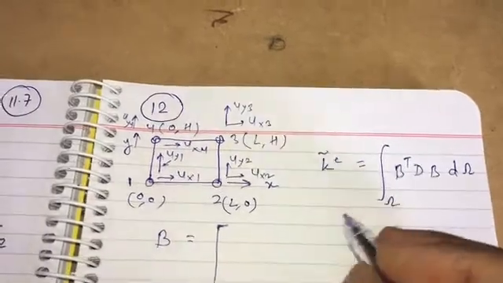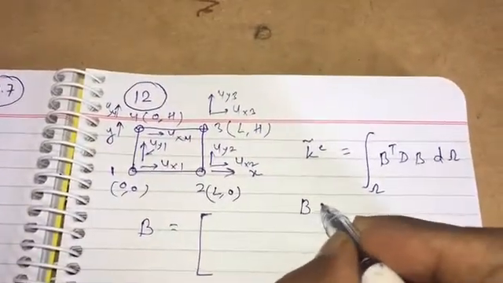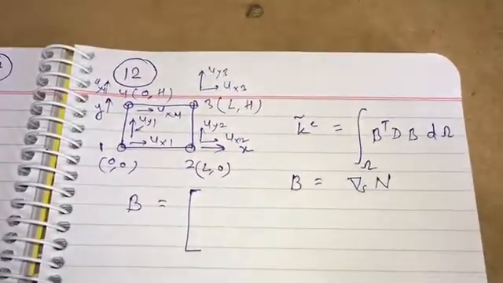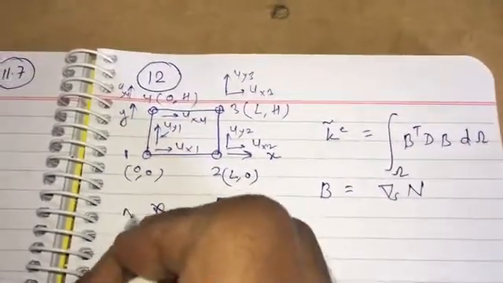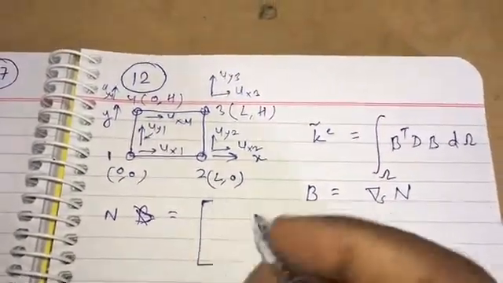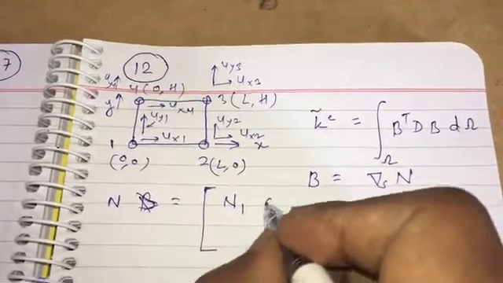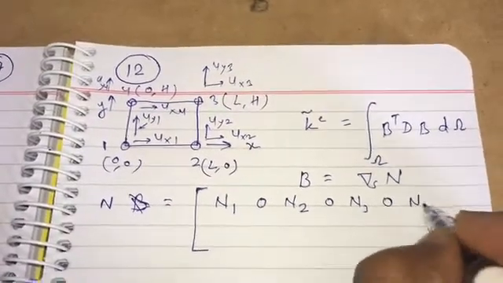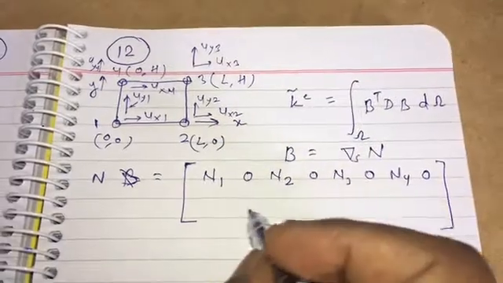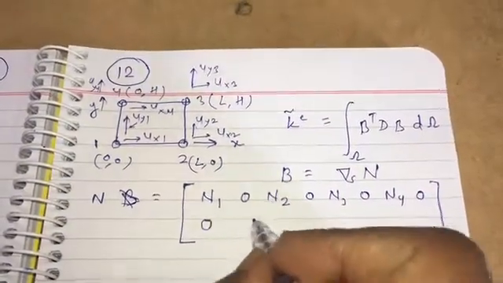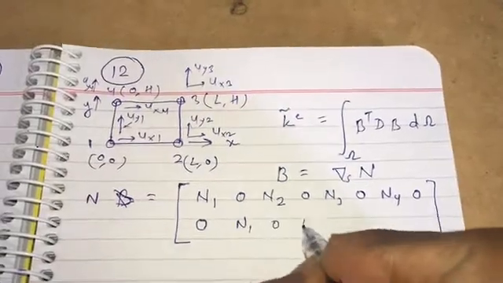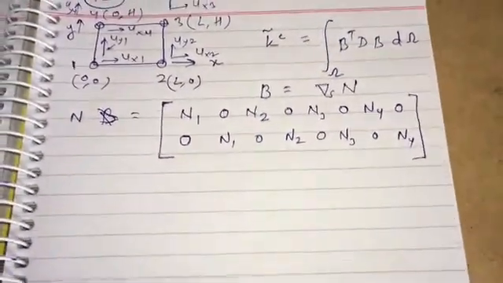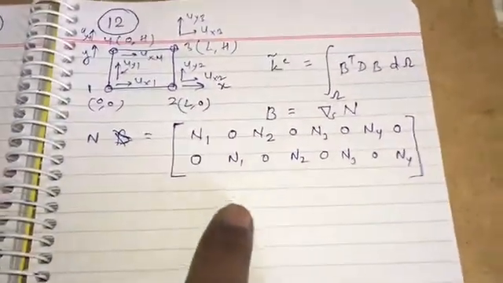Let's write it this way, where B is equal to del S times N, and where N is, in this case, N1 0, N2 0, N3 0, N4 0, and then 0 N1, 0 N2, 0 N3, 0 N4. Okay, so this is as we derived earlier.